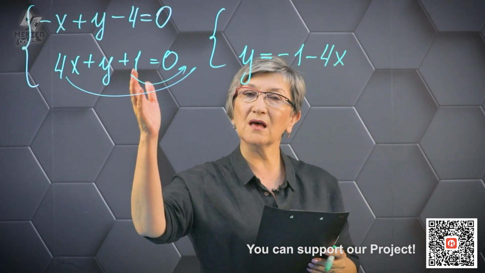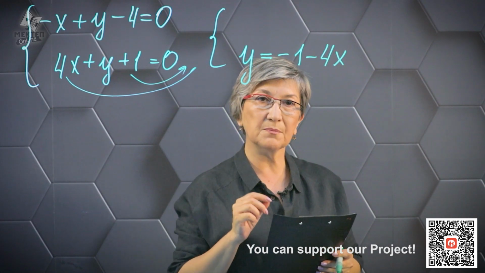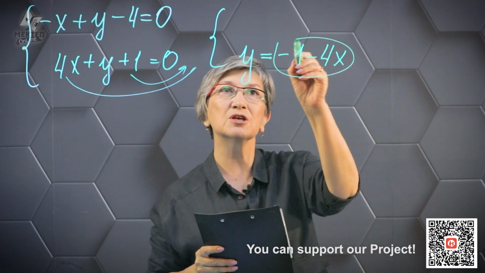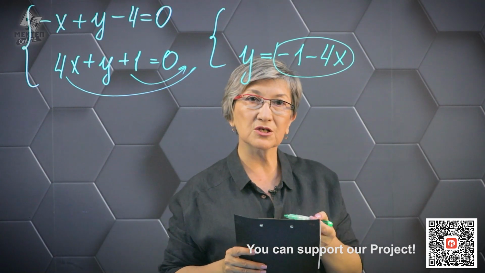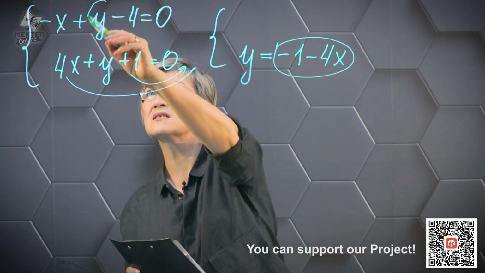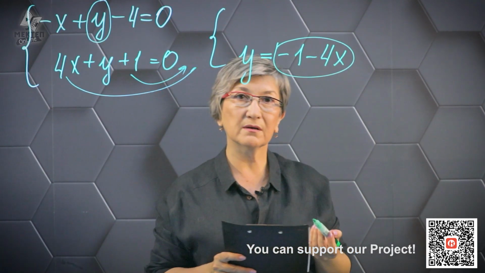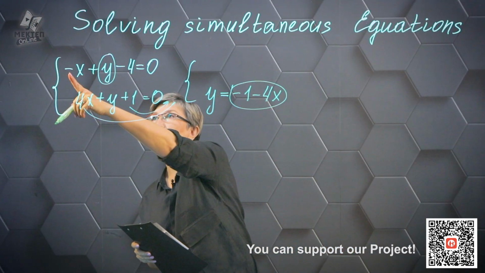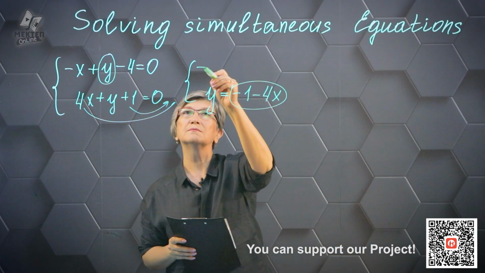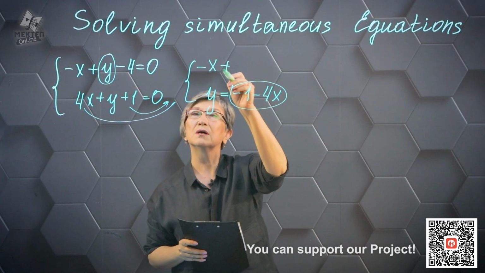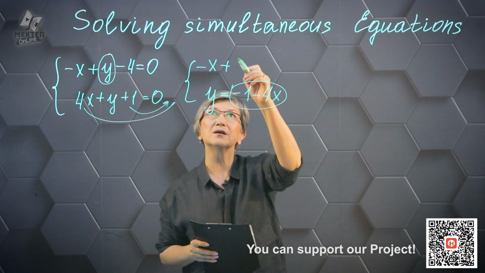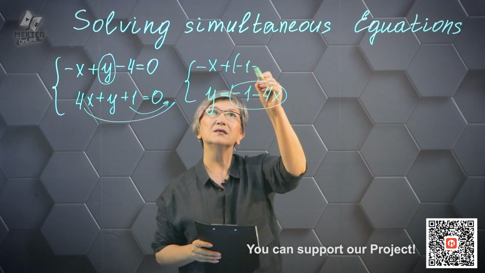If I express the variable y from the second equation, then I must substitute the resulting expression for y in the first equation. What is the result? In the first equation, minus x plus, but instead of y, we're going to substitute our expression: minus 1 minus 4x.